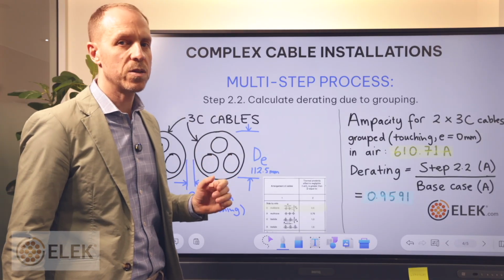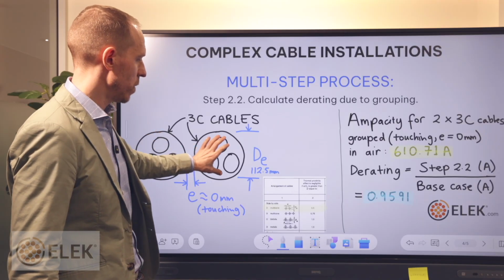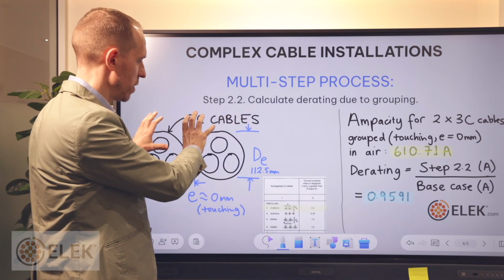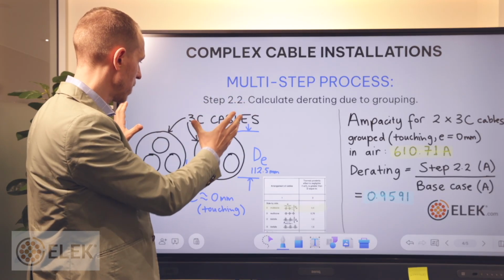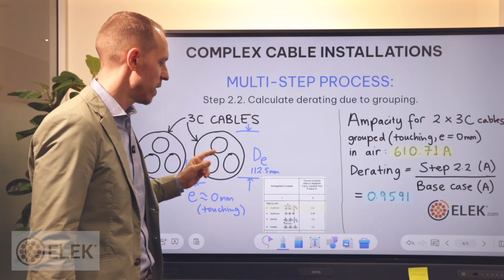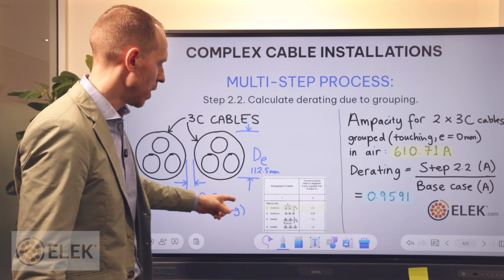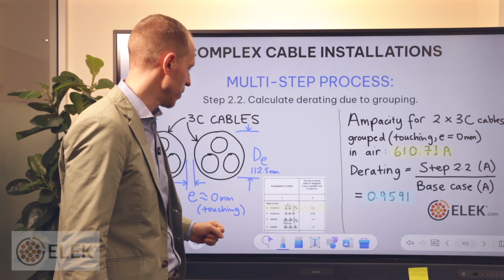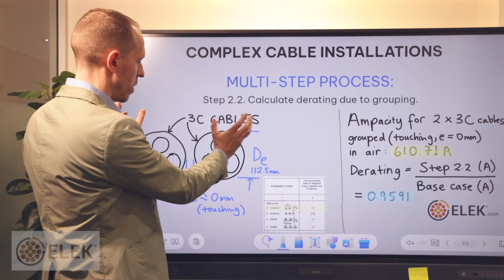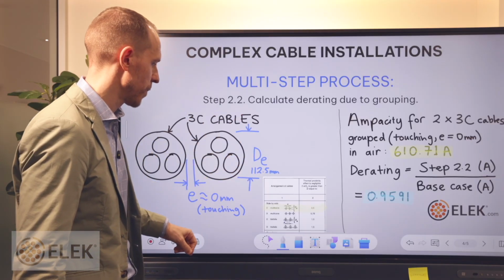The next step is to work out what would be the ampacity of installing two of these cables side by side. Actually, we should assume that they are touching inside that larger duct. So we'll use one of the other IEC 60287-2-2 calculation methods for groups of multi-core cables. We will do the calculation where E is equal to 0, the cables are touching, DE is 112.5.